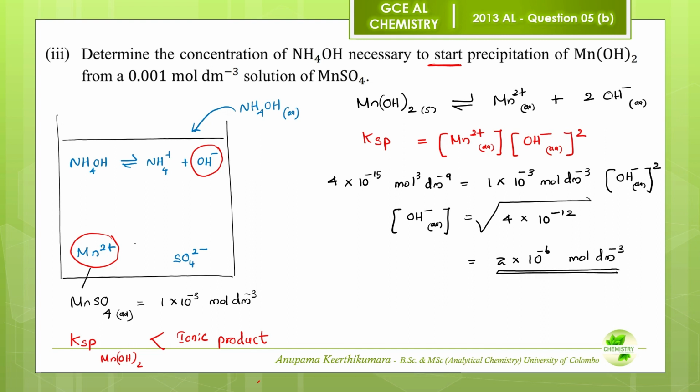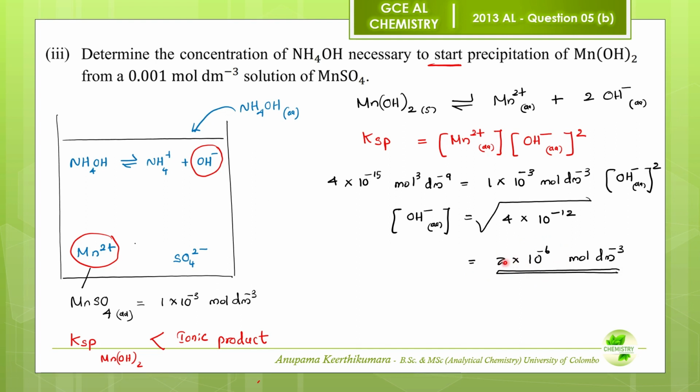This is the hydroxide ion concentration necessary to start precipitation of manganese hydroxide. Ammonium hydroxide is a weak base. Therefore, the concentration of ammonium hydroxide is different than the concentration of OH minus ions at equilibrium. This is the concentration of hydroxide ions required to start the precipitation of manganese hydroxide.